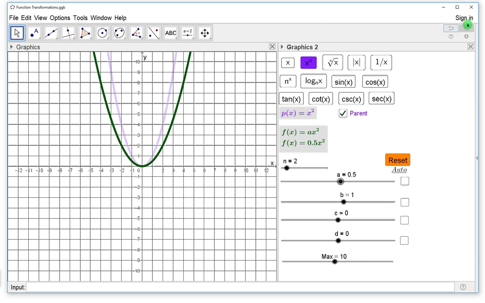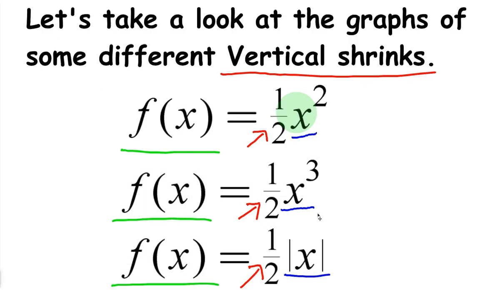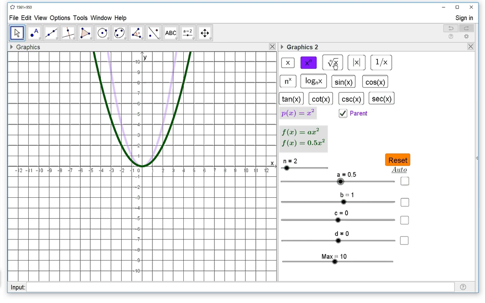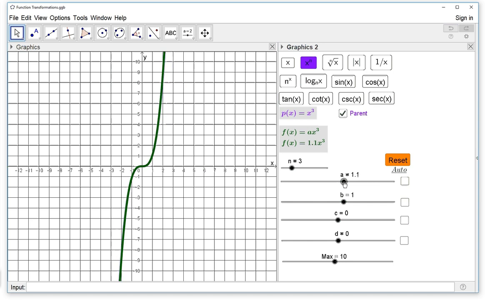Again, vertical transformations are a lot easier to understand than horizontal. Let's do 1/2 x cubed and 1/2 absolute value of x. So if we do 1/2 x cubed, here's the original. This one's a little bit harder to see, but here's the original y values. The new y values you can see are actually cut in half.